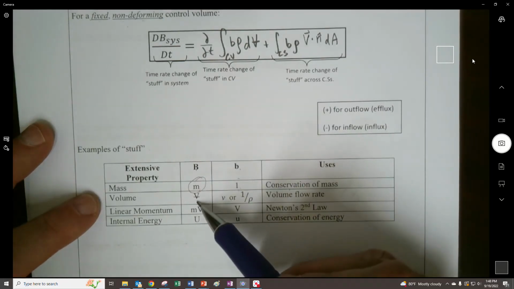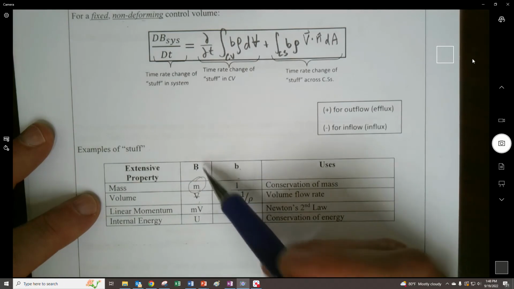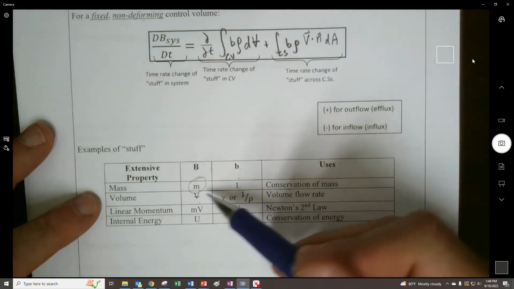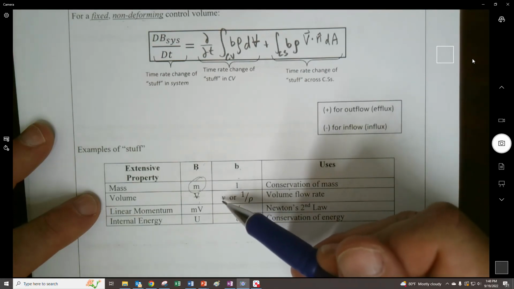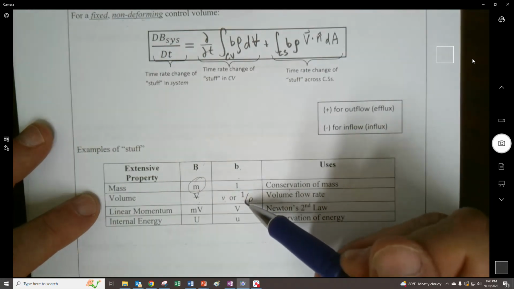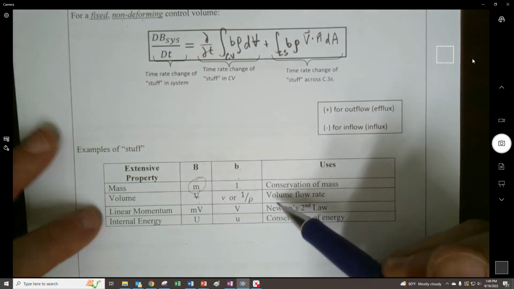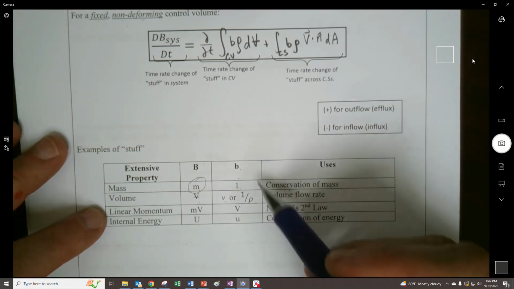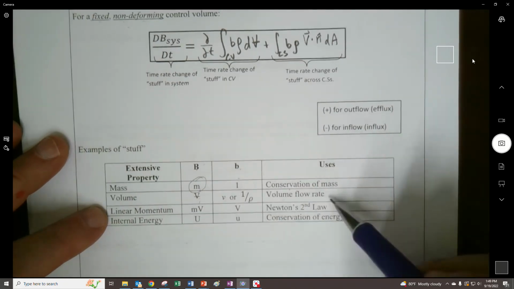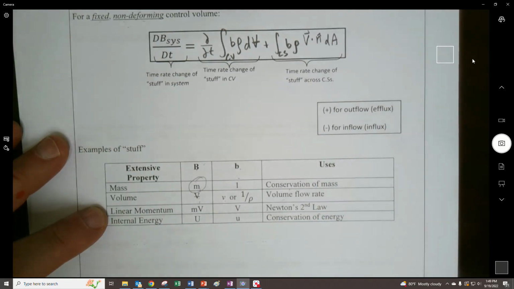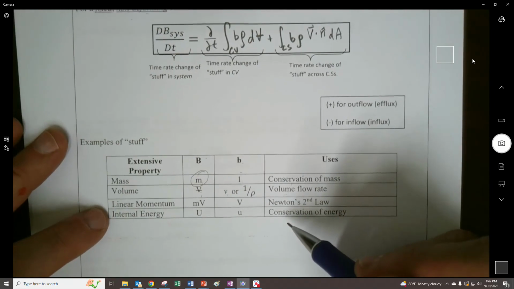That same idea for volume: that could be the stuff, and so volume per mass is the specific volume, AKA 1 over the density. And if it's incompressible, this will hold true, and we can have the conservation of volume flow rate.